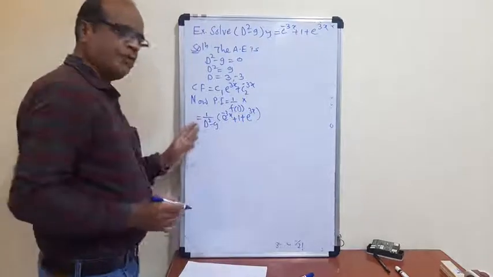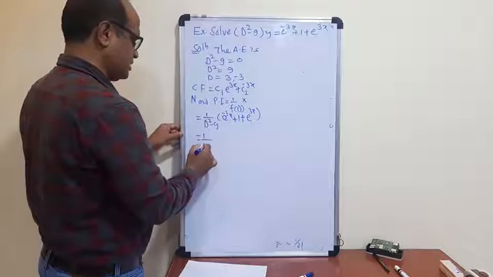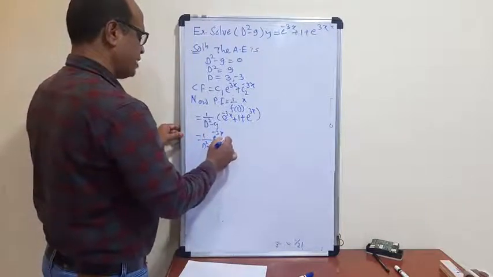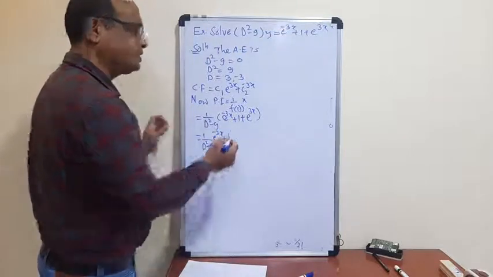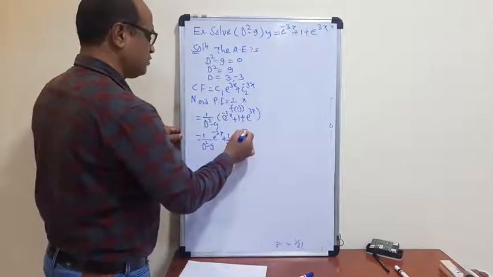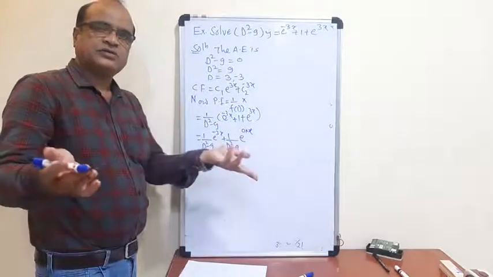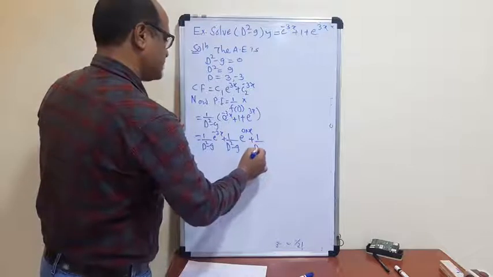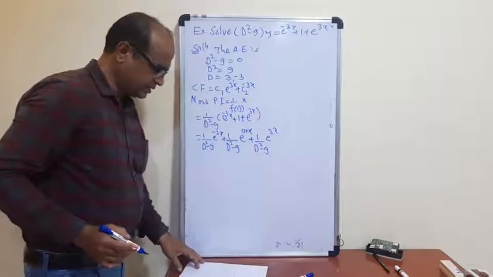So we operate on each term separately. That is 1 upon D square minus 9 e raised to minus 3x, plus 1 upon D square minus 9 into 1, which is e raised to 0 into x, that is e raised to 0, plus 1 upon D square minus 9 e raised to 3x.